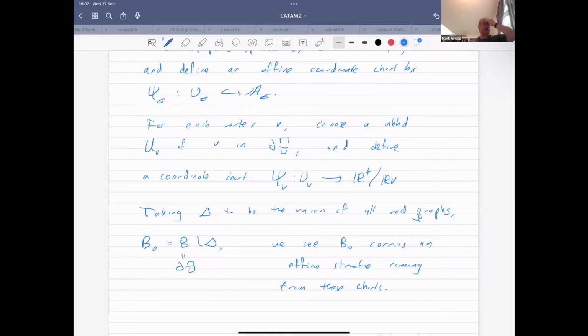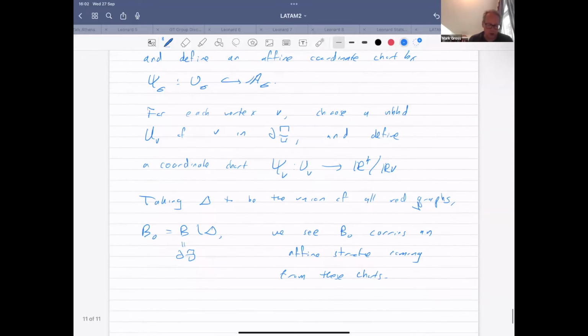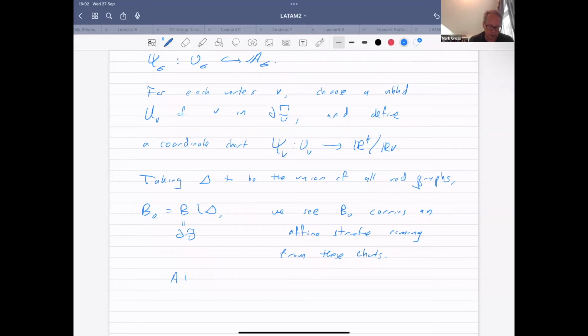Okay, so this is a very hands-on, very combinatorial way of producing an affine manifold with singularities. So the affine structure is singular along delta.